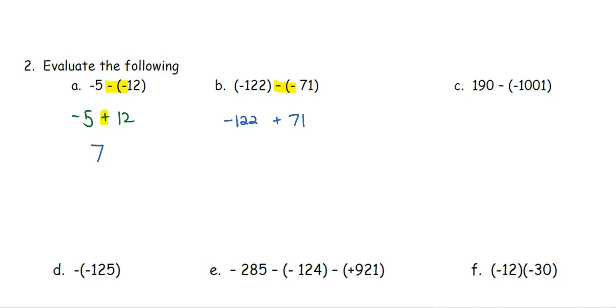You may have to think about this and do a few calculations, but -122 plus 71 is going to be -51. Clearly, -122 is bigger than 71, so your answer should still be negative.